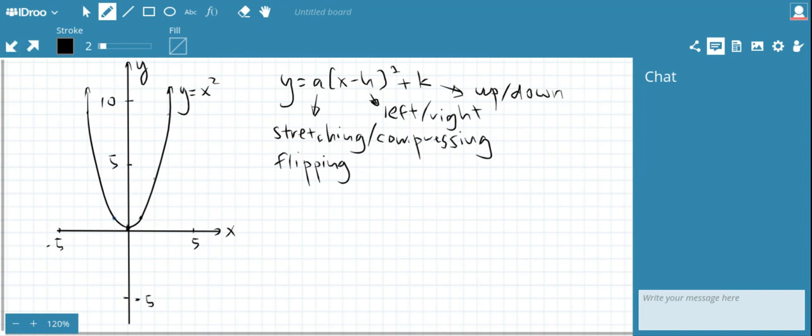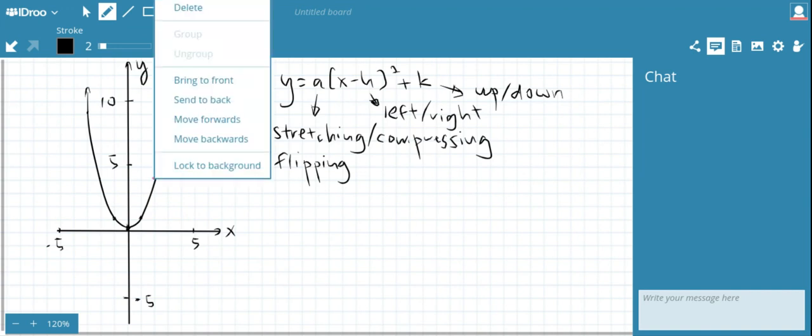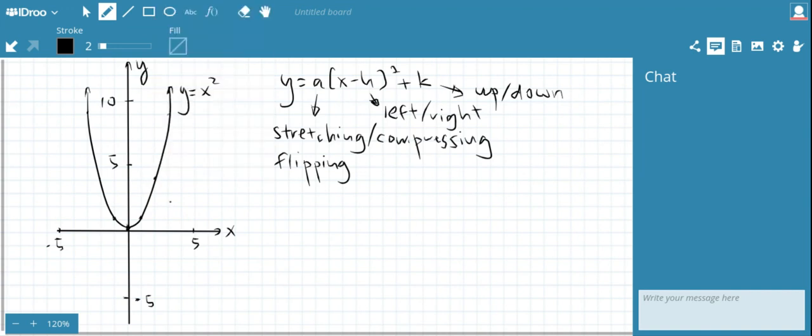And negative 1, 1, because negative 1 times negative 1 is positive 1. We've got 2, 4, because 2 squared is 4, and 3 squared is 9, so 3, 9. And then we've got negative 3, 9, and negative 2, 4. Those are some of the major points on y equals x squared.